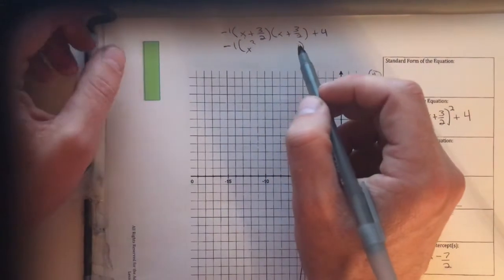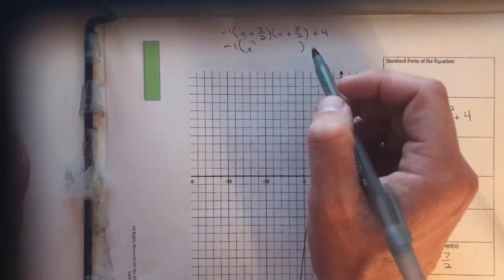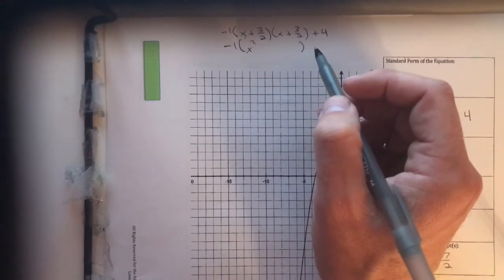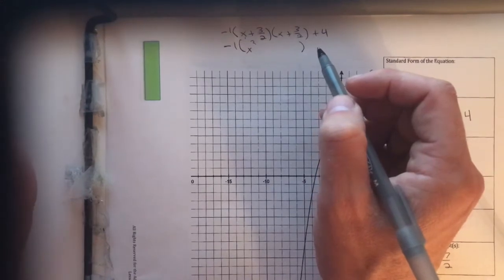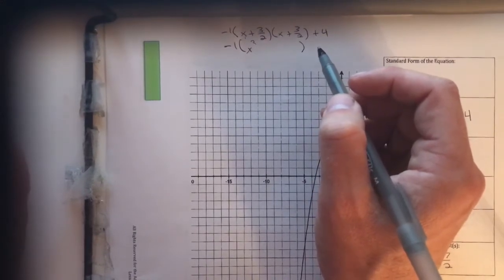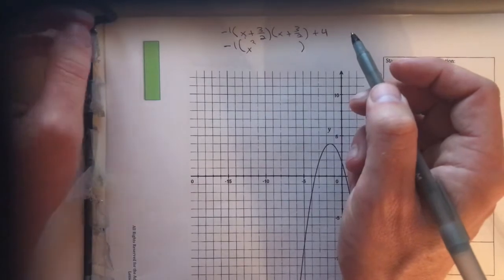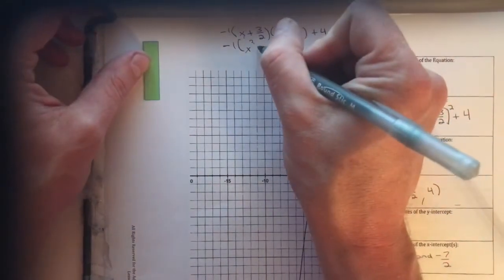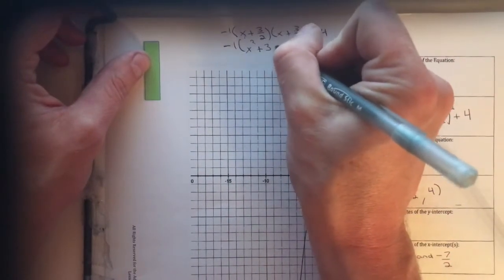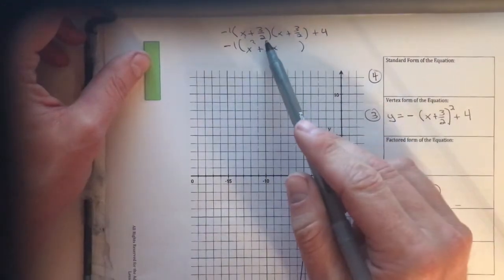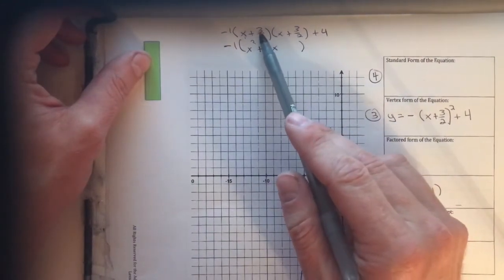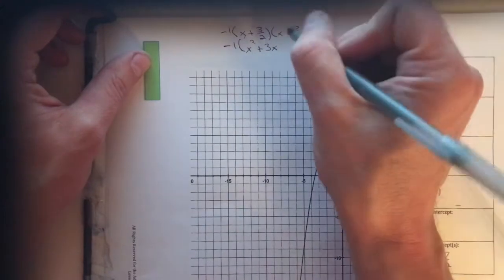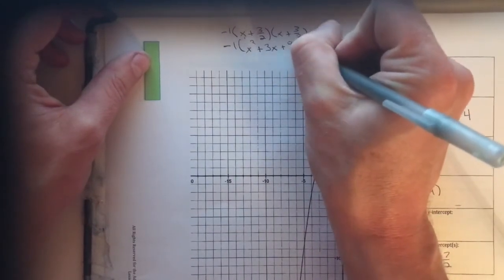So at that point, we would have to go 3/2x plus 3/2x and get the sum total. So 3/2x plus 3/2x is 6/2x, and 6/2x is 3x. And then we would multiply our last terms, and 3/2 times 3/2 is 9/4.